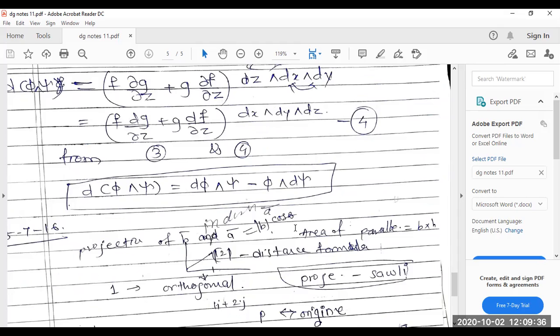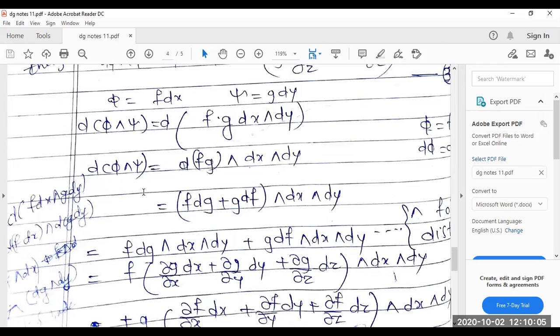Similarly for the second, and then finally we have to just rearrange the terms. If you change the order two times, the negative will become positive, and then from expressions 3 and 4 you can have, in the second case also, the result. That is, what is the second property? d of phi wedge psi, that is the exterior derivative of phi wedge psi, is equal to d phi wedge psi minus phi wedge d psi.